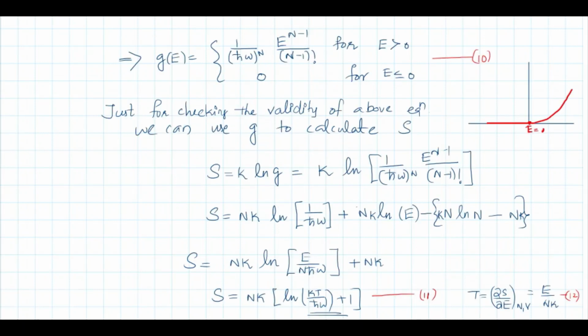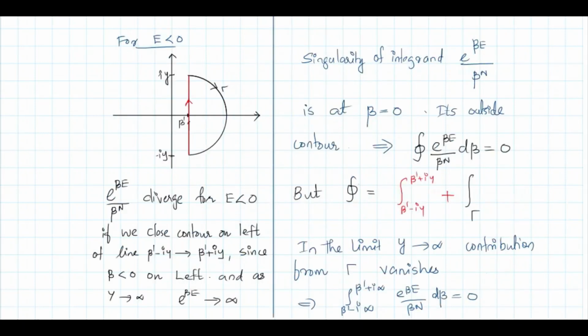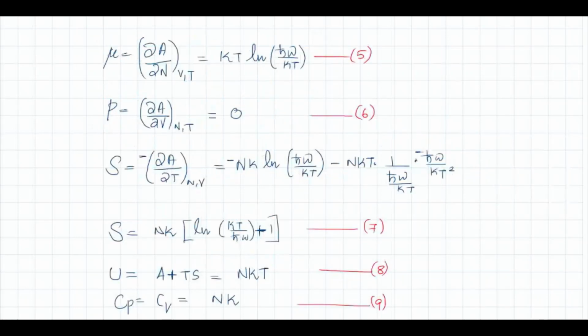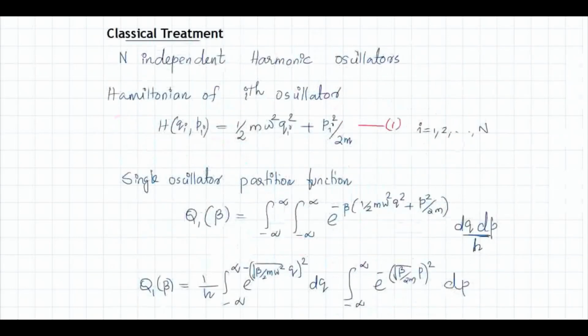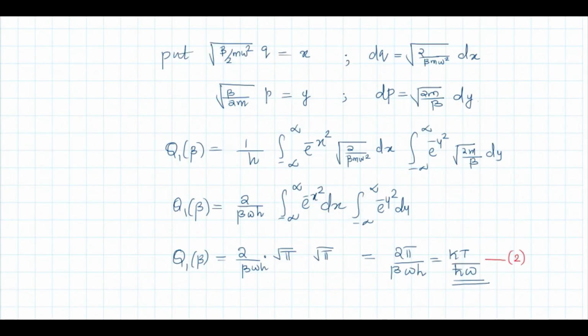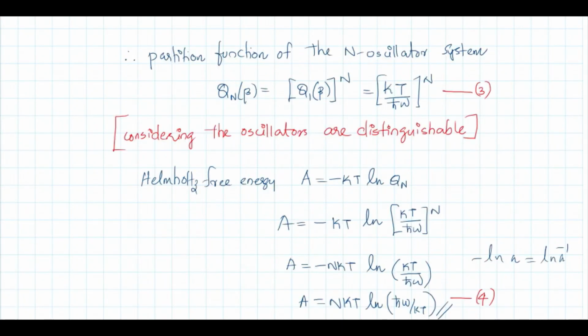So this is all about the classical treatment. Here we calculated the partition function by integrating over the volume of phase space. Once we have the single oscillator partition function, we can calculate the N oscillator partition function as the single particle partition function raised to n, and here we considered the oscillators to be distinguishable.